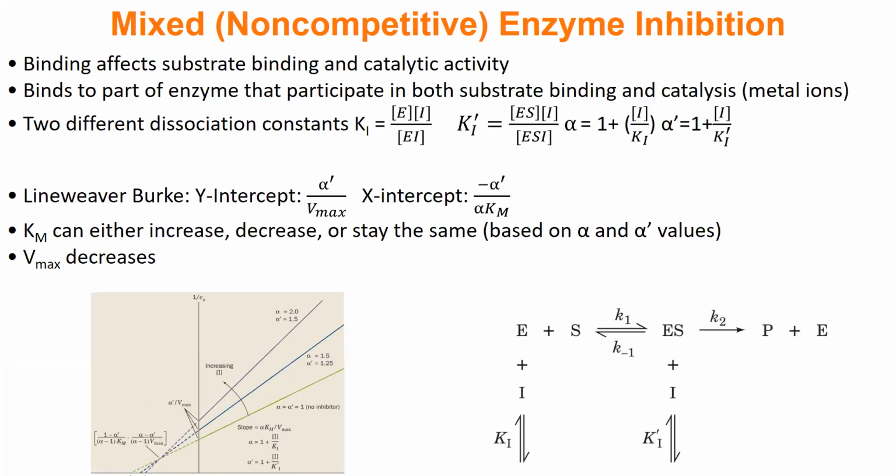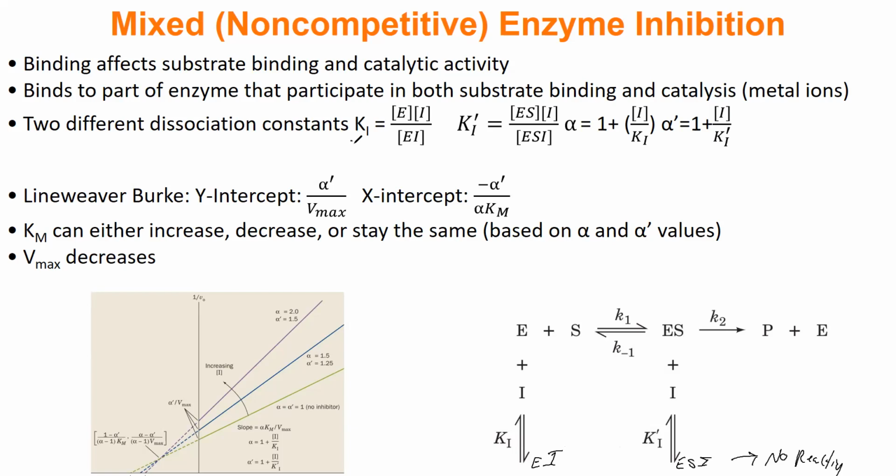The last type of inhibition we're going to talk about is called mixed, or also you'll find it called non-competitive. Let me just write down what this says. So that's E, I. ESI, no reaction. And mixed is weird because it can bind either to the free enzyme or the complex. And because of that, it has two different inhibition constants.